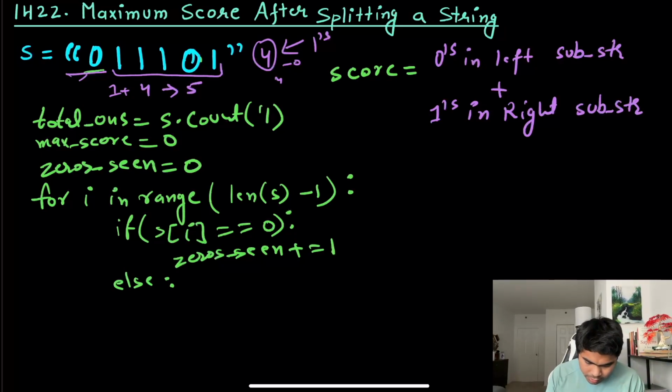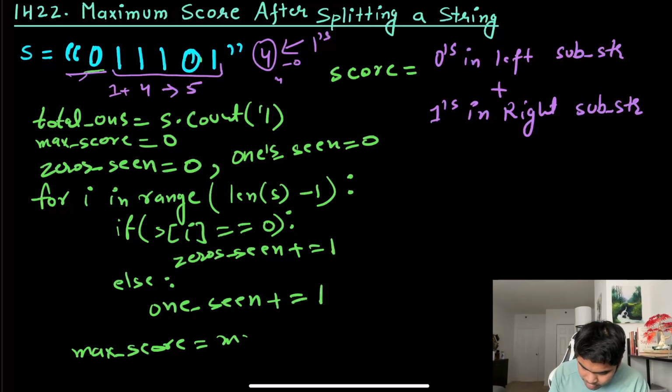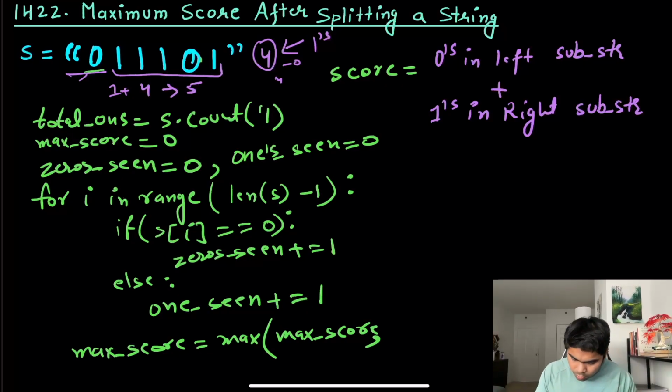We're going to have one more thing, ones seen, which is also 0, so we'll increment ones seen, otherwise plus equals 1. Now here we will update our max score. So max score is going to be the maximum of either max score or zeros seen so far.